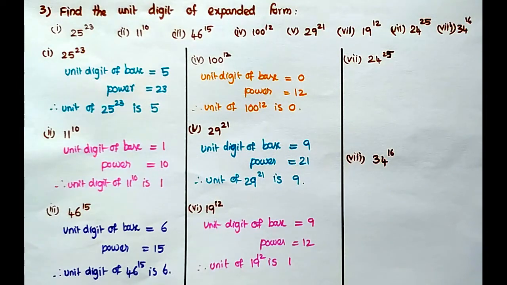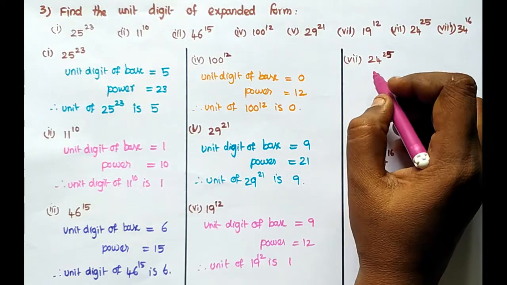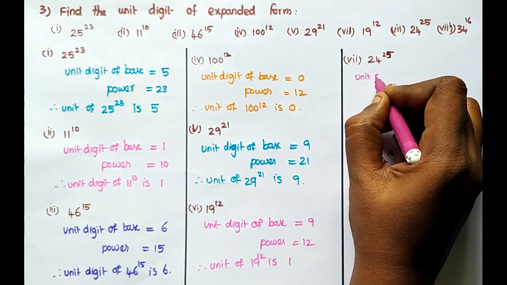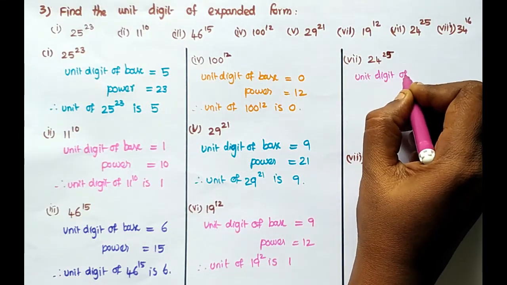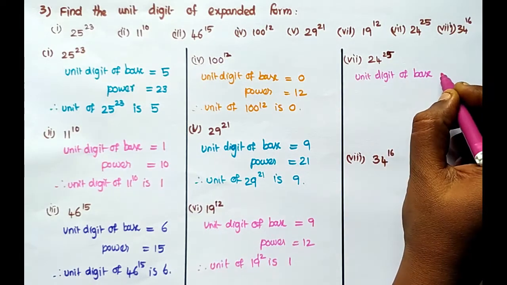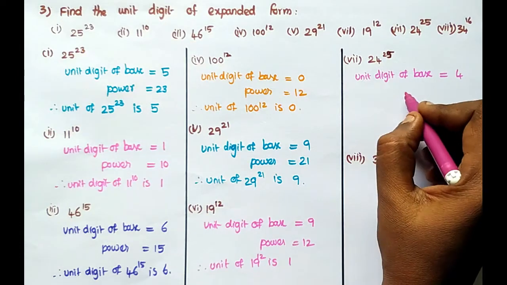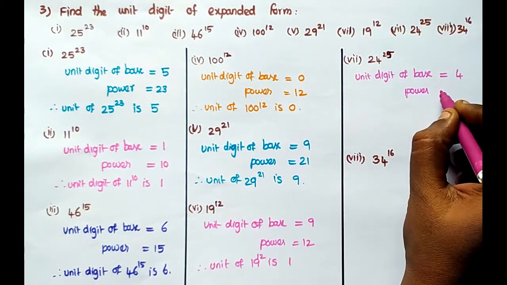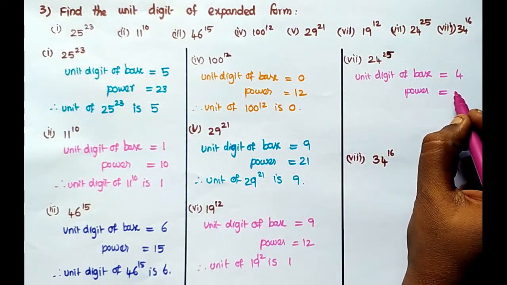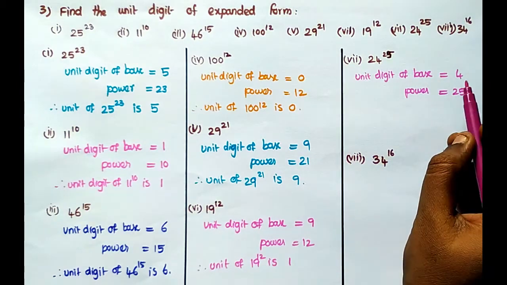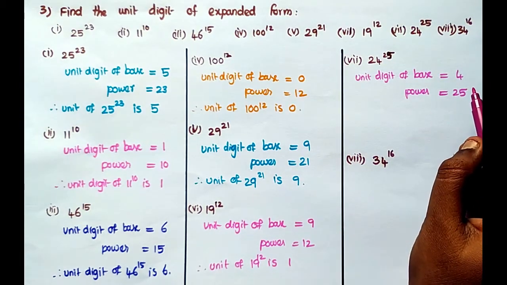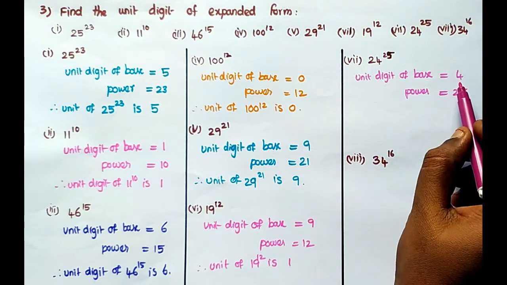Next one, 24 power 25. Unit digit of base. Base is 24. So unit digit of base is 4. Power is 25. 4 power 25, base is 4.